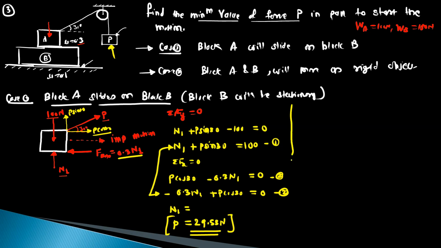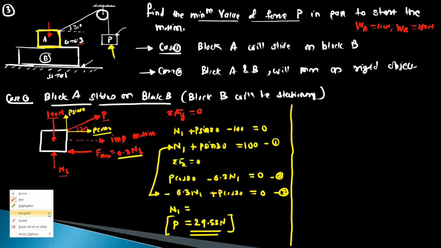Consider the second condition, when both the blocks A and B will slide together as a rigid object. So when this condition is possible, at the contact surface between block A and B, if the friction is maximum compared to this friction, then both the blocks will slide together.